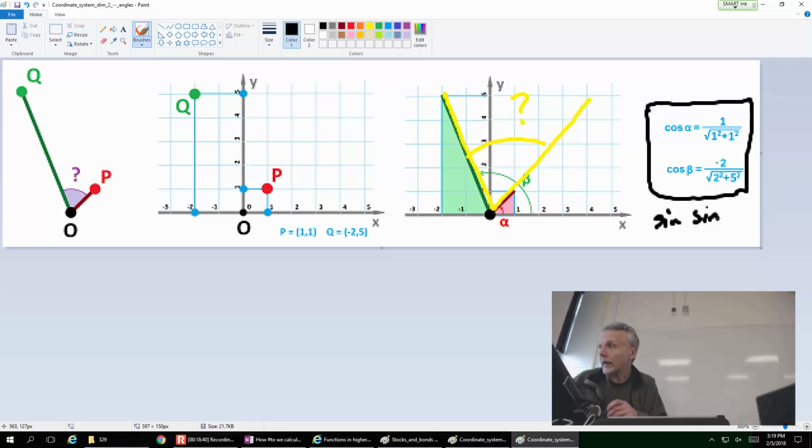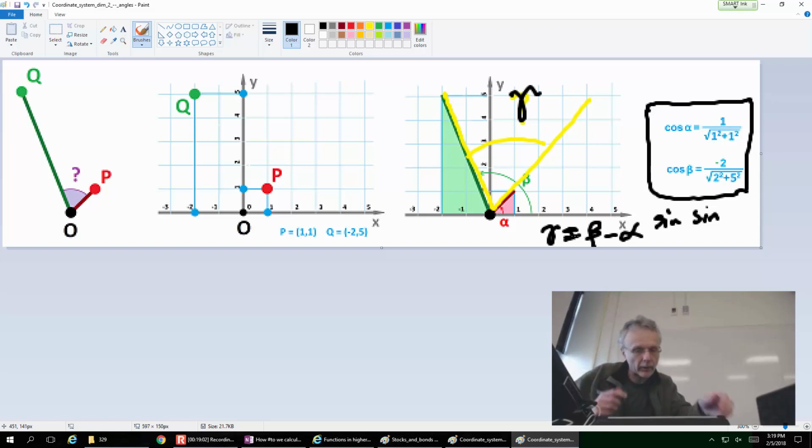So the angle that I'm after, let's say gamma, is equal to beta minus alpha. If I know sine and cosine of angles alpha and beta, I can express the cosine in terms of those four. So that's how it works out. I'm not going to go into detail, so I'll just supply you with the answer.